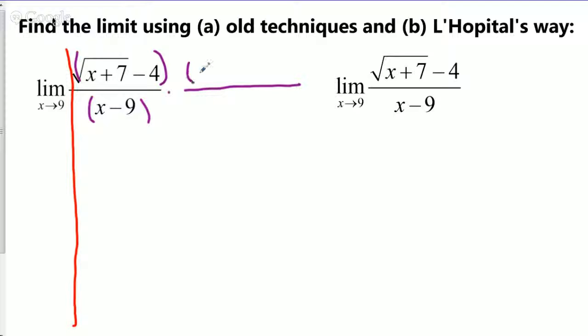We're going to multiply both sides by the conjugate, in this case of the numerator, since it has the square root portion. So I'm going to multiply both numerator and denominator by the quantity, the square root of x plus 7 plus 4. Right, and what I do to the top, I need to do to the bottom.